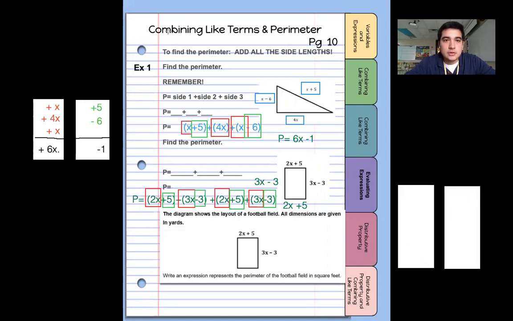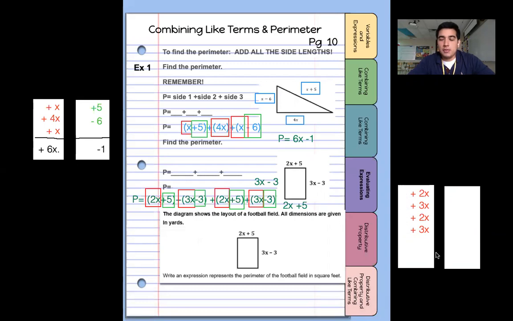All right, let's add our x's first. Remember, our x is the thing we boxed in red. So I have a positive 2x, another positive 3x, another positive 2x, and lastly another positive 3x.